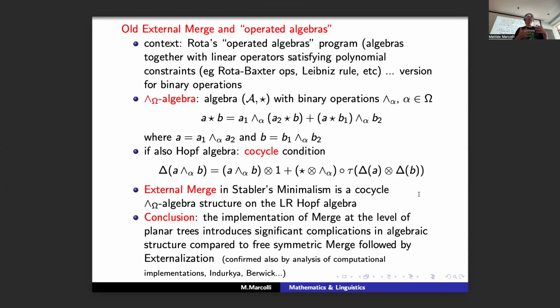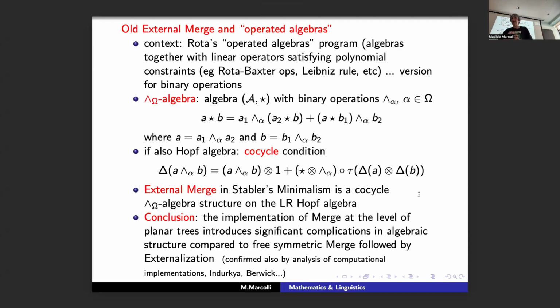These include various things: Rota-Baxter operations, which I will be talking about a lot in the next lectures, Leibniz rules, brackets, various kinds of quadratic operations that you can introduce. Basically it's a way of trying to classify various polynomial type structures on algebras.